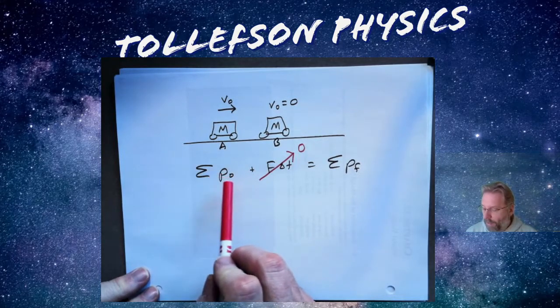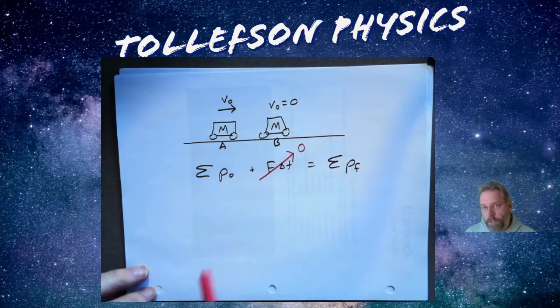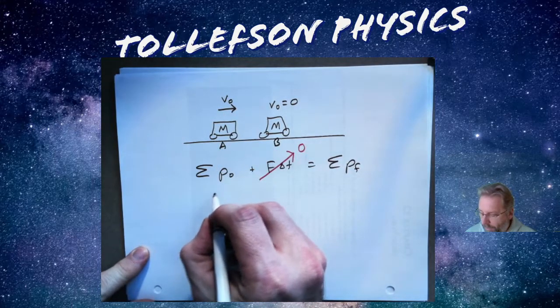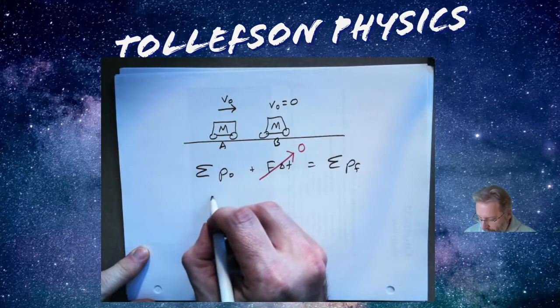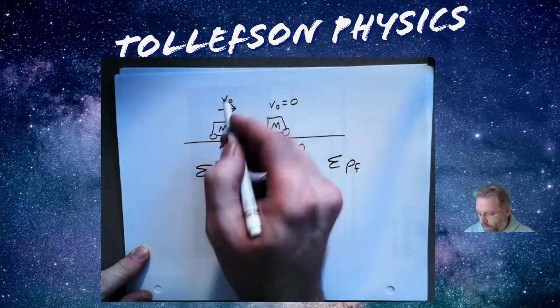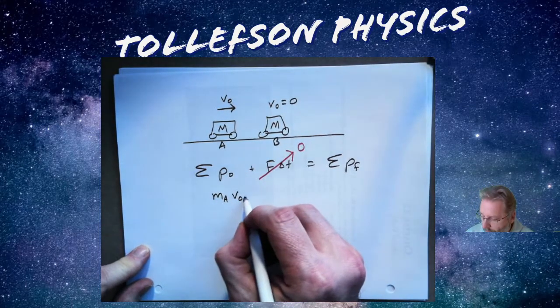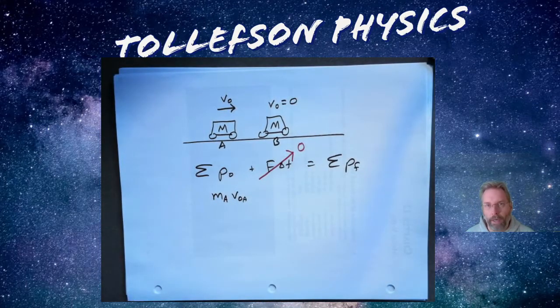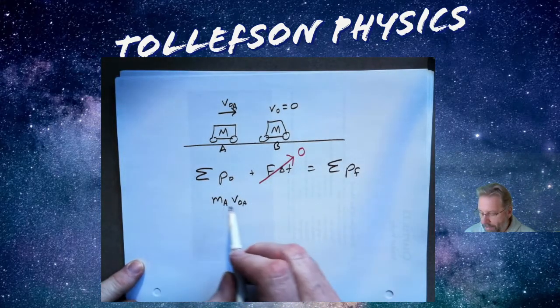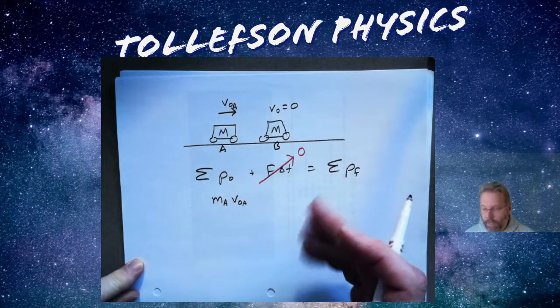We're going to look at the momentum at the beginning and the momentum at the end. In the beginning, all I have is car A moving. I'll call it v0A to be really clear about it. That car's moving, the other one's not, so technically mass times 0 is 0, and I'm not going to write that out.